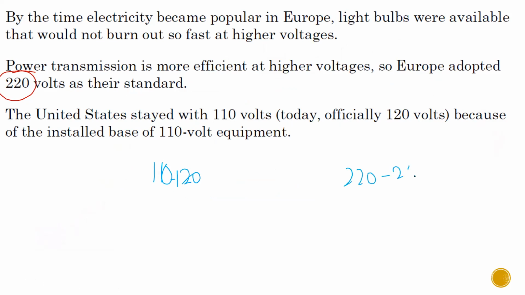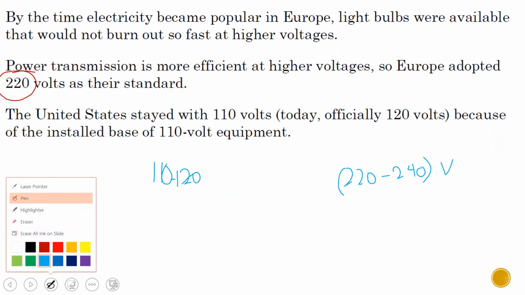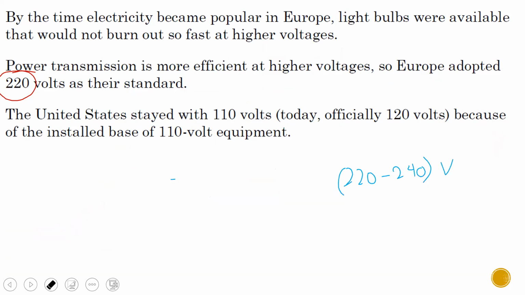If you look at any electric device, you will find it written like this: 220 to 240, or 110 to 120 volts, officially. This one is in America, and this one is in Britain, or you can say Europe.